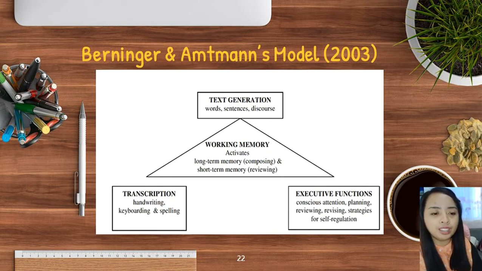So remember, in text generation: words, sentence, and discourse. Next, in working memory, long-term memory is for composing, while short-term memory is for reviewing. It is the model of how working memory, as conceived by Baddeley, 1986, supports the planning of ideas, translating ideas into written sentences, and reviewing the ideas and the text.